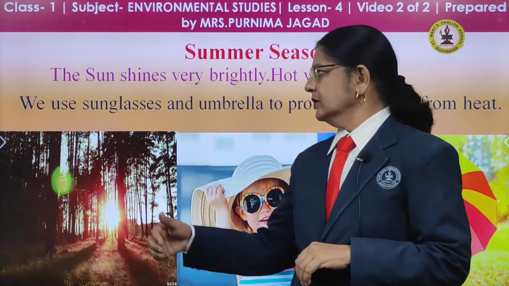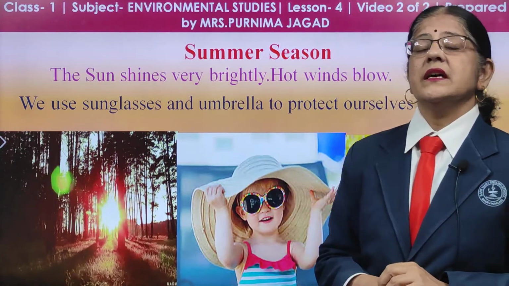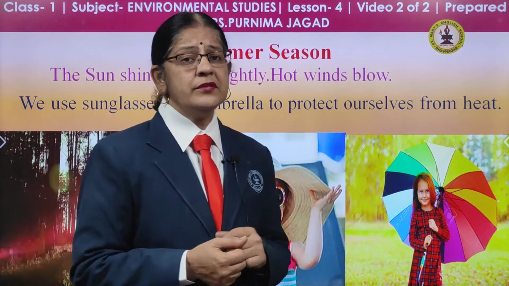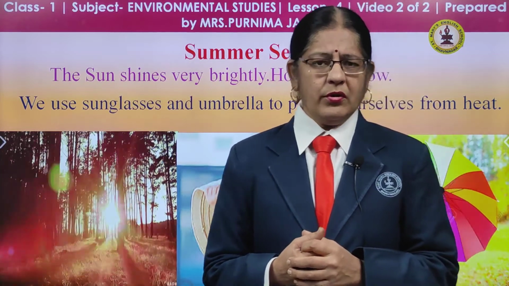And we also know during summer season the sun shines very brightly. Full day it is very hot. During afternoon time we cannot go out because it is too hot. Our skin starts burning, our face starts burning.